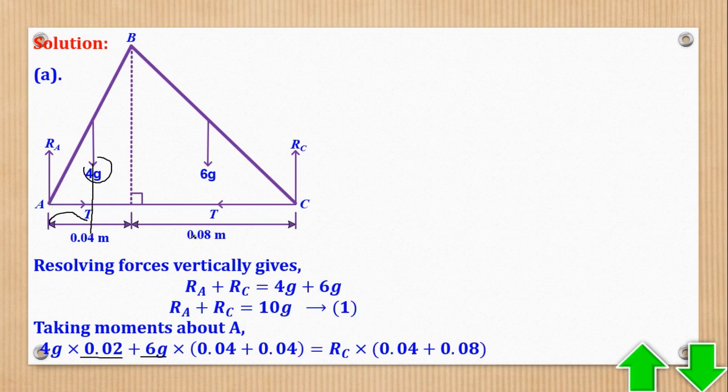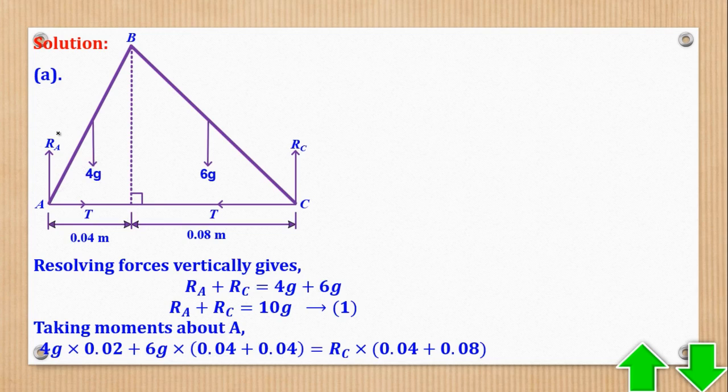But for 6g, the distance is from here up to here. We know that from here up to here is 0.04, and from here to here is half of 0.08, which is 0.04. That's why you see here 0.04 and 0.04. So this 0.04 is for this, and this one is for that.